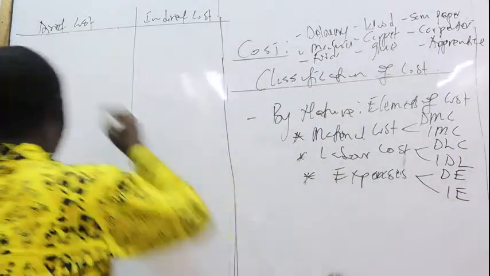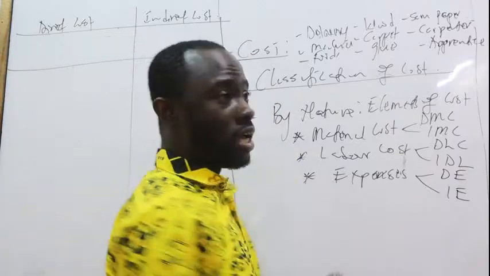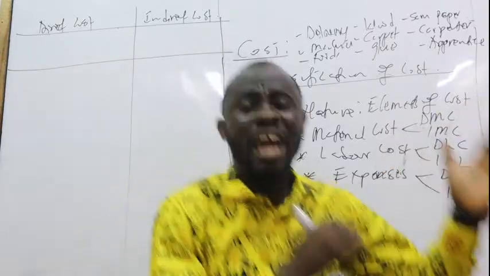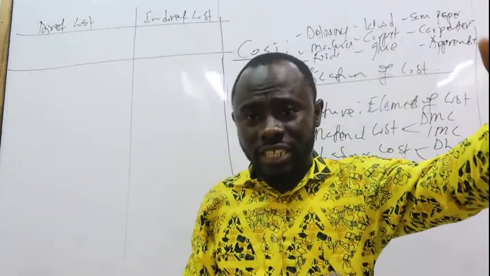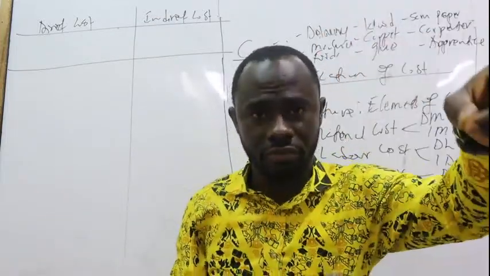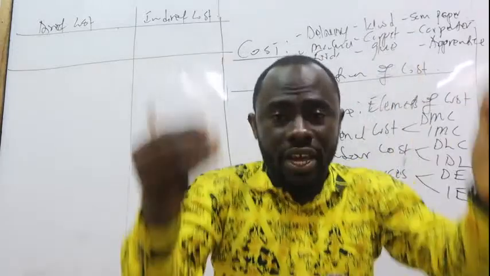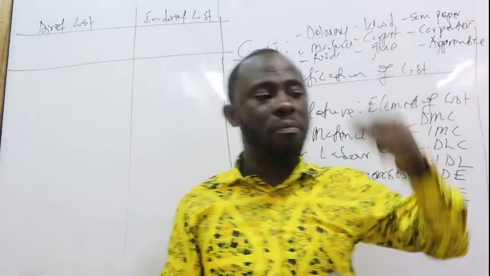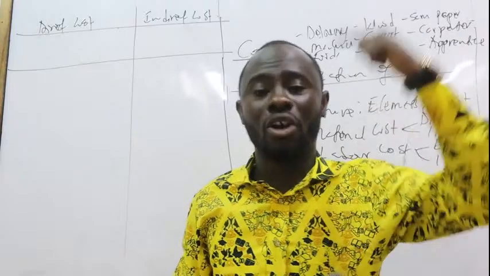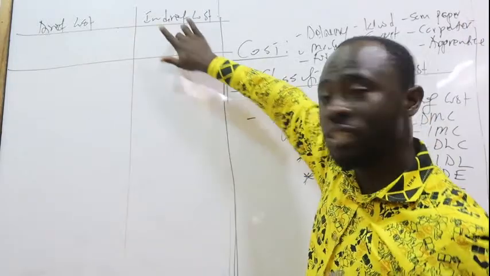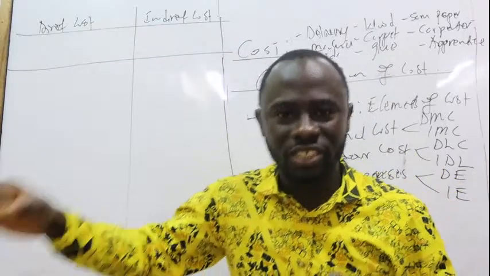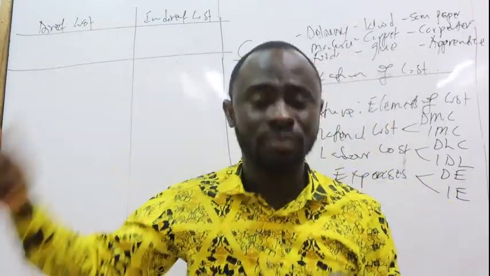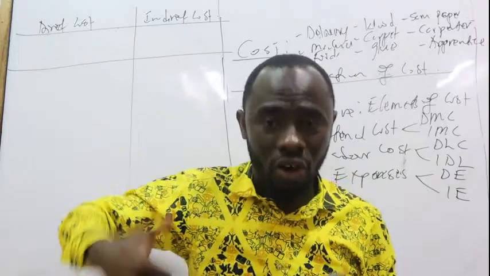One, we say that direct cost can be traced or allocated to a particular cost center or cost unit, whilst indirect costs cannot be traced or allocated to a particular cost center or cost unit.